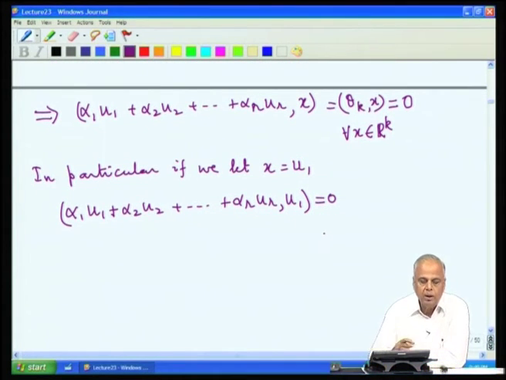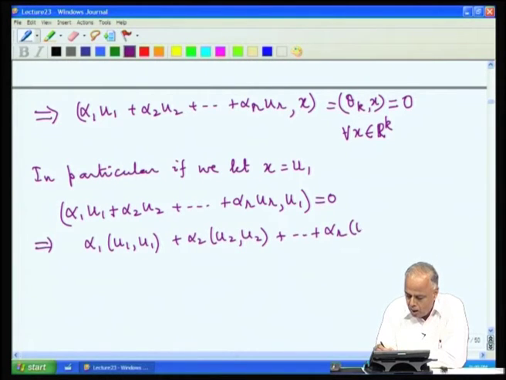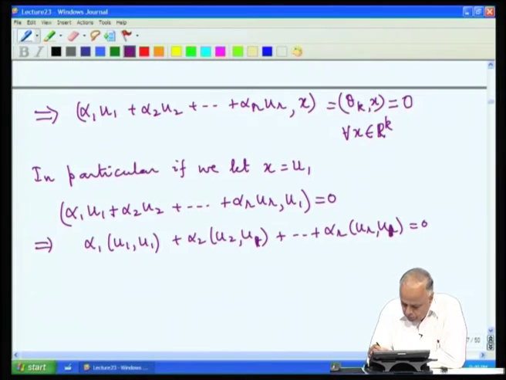Now, the inner product of a sum is the sum of the inner products, which property we have seen last time, and constants can be pulled out of the inner product. So, this whole thing implies alpha1 <u1, u1> + alpha2 <u2, u1> + ... + alphar <ur, u1> is equal to 0, because we are taking the inner product with u1.